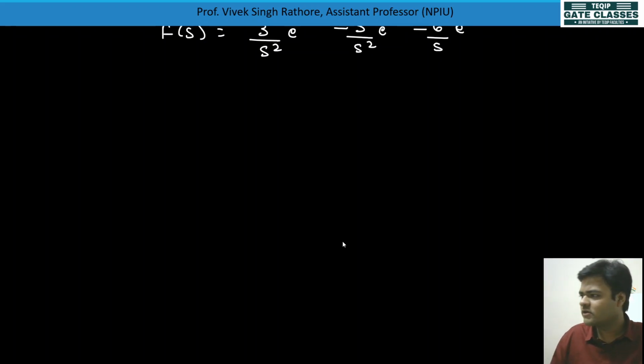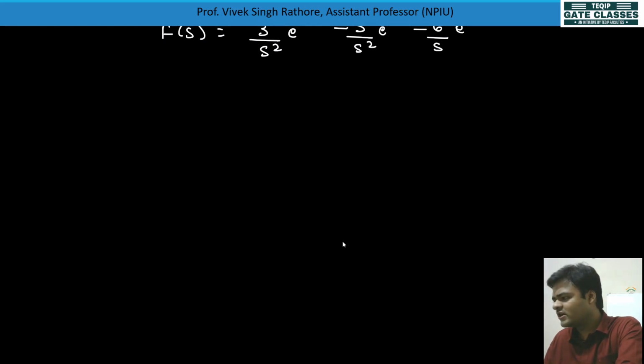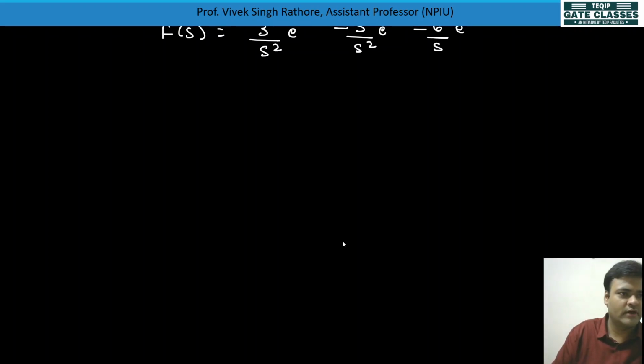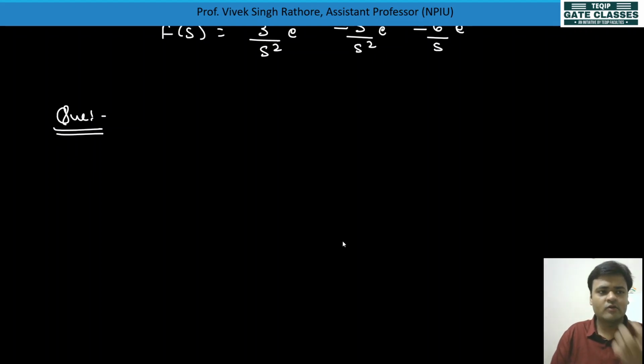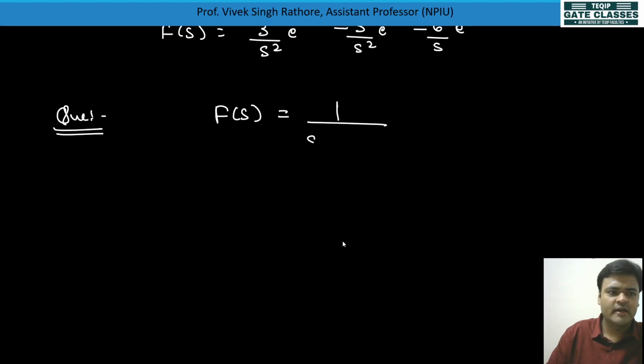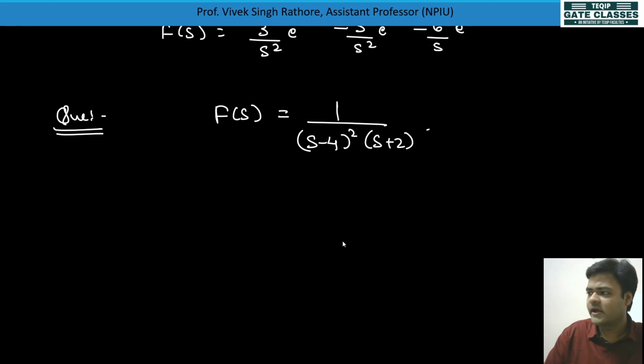Okay, so now we'll see some questions related to this. I'll ask you one question again. The more questions you practice, the better you can understand the concept. So you have been given F of s equal to 1 by (s minus 4) square, (s plus 2), (s minus 1).